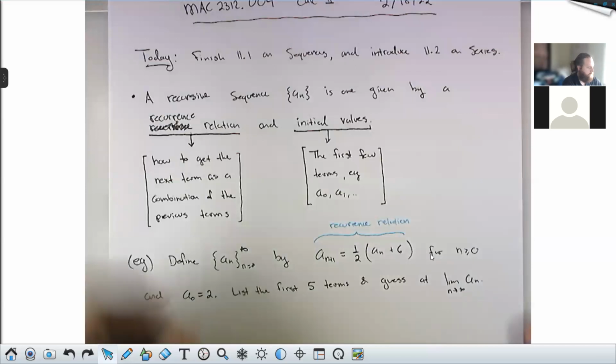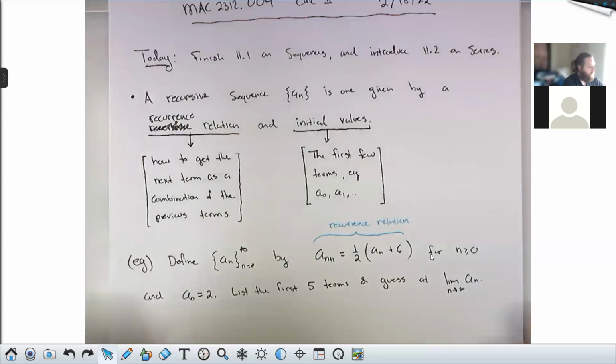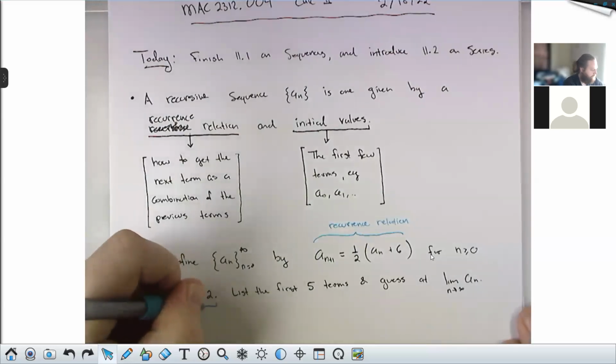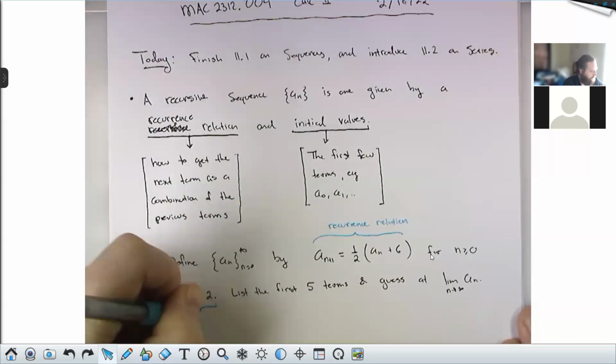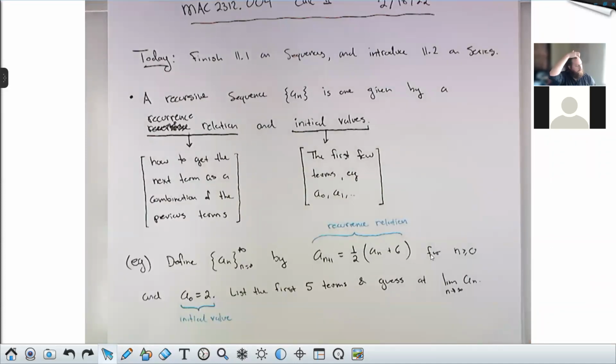The piece over here, I say a_0 is equal to 2, that's the initial value. And those two things define the sequence. What's missing here, of course, is a formula for a_n. There isn't one, or at least I haven't been given one.